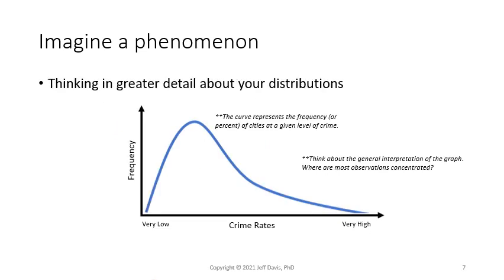All right. So when we talk about thinking in greater detail about your distributions, there are things that you want to include in that graph. Okay. First of all, you want to tell your reader, well, what is this axis? Here we say the axis represents crime rates. Down here, even though we don't have any specific values yet, we say these are very low crime rates, and these are very high crime rates. What's on this axis?